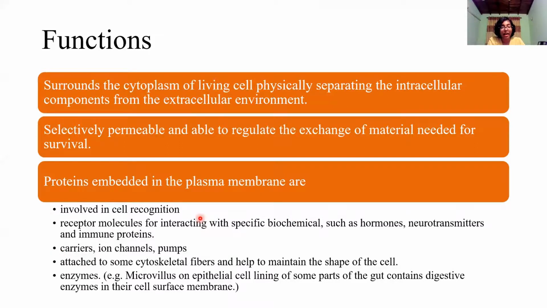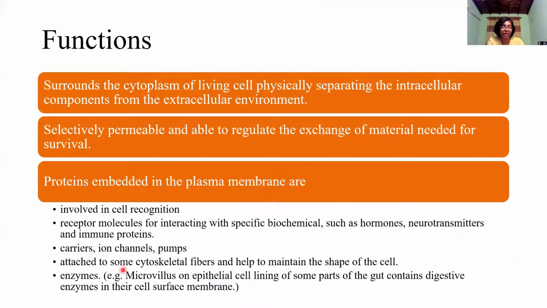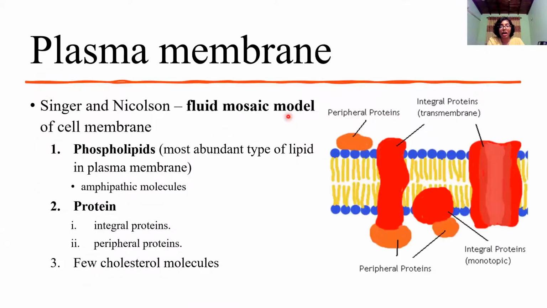Then there is the cytoskeleton. We know microfilaments, microtubules, and intermediate filaments. These are the cytoskeletal fibers. These fibers can bind with peripheral proteins, so that they are useful in maintaining the cell shape. And enzymes. Outside the membrane, we might find certain peripheral proteins, and these might act as enzymes.